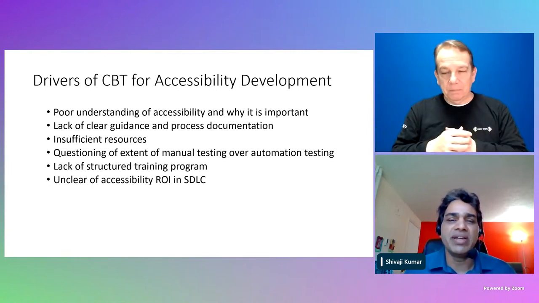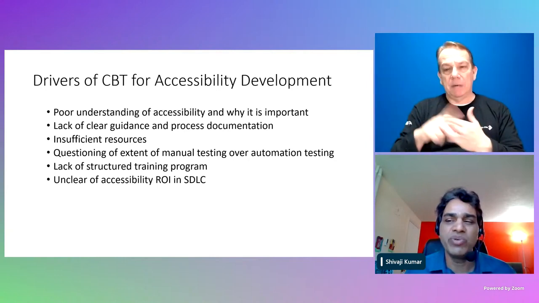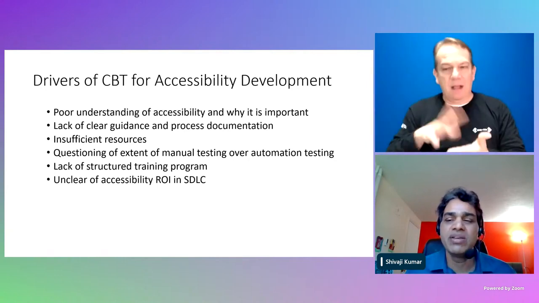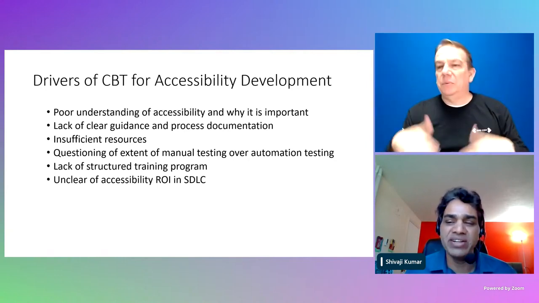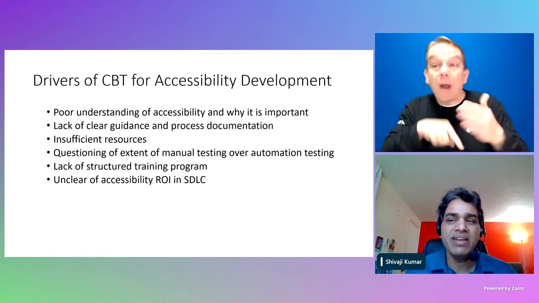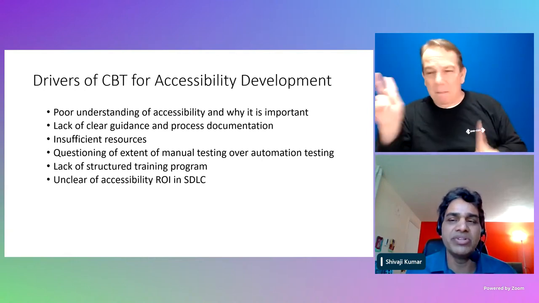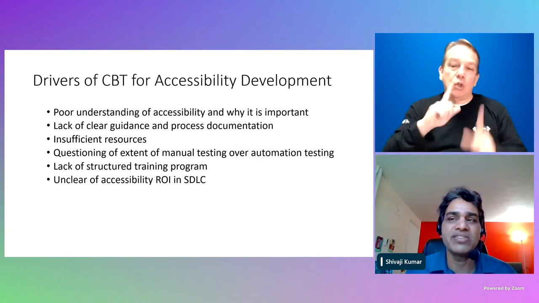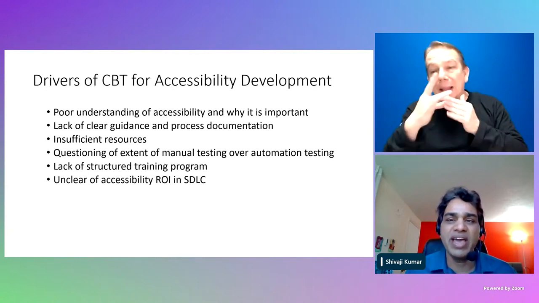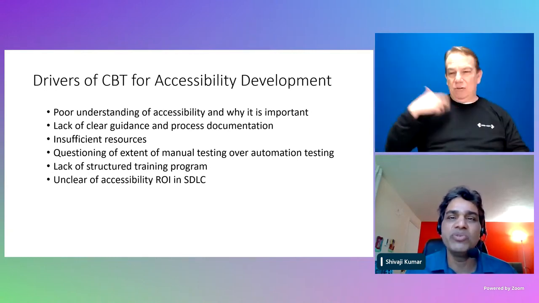When we started, at least when I started with the program, what I quickly learned was that there was very poor understanding of what accessibility was and why it is needed. So when I was talking to developers, their team leads, testers, their team leads, I was often running into this question of why do we need this?